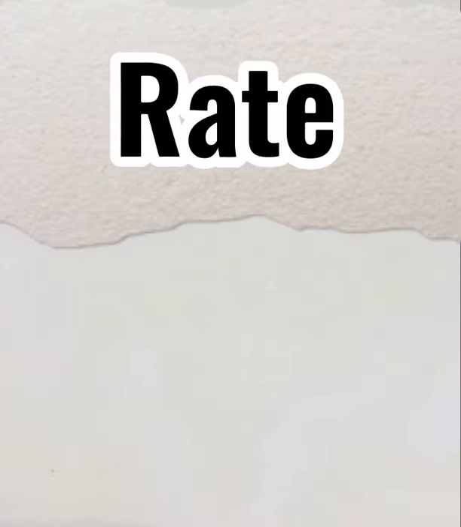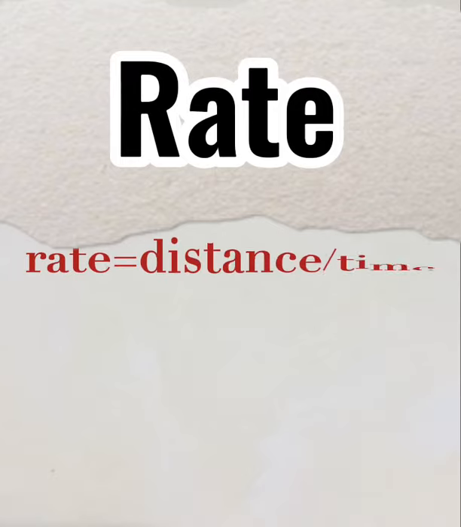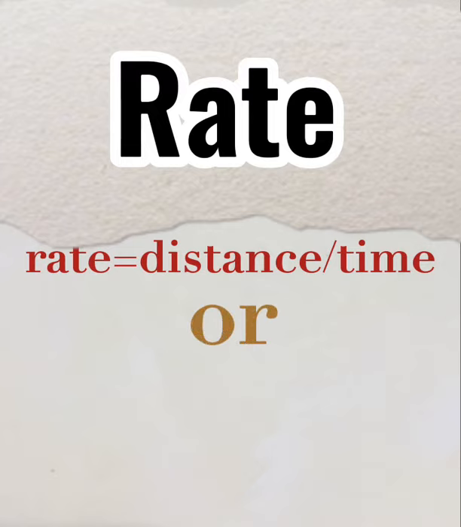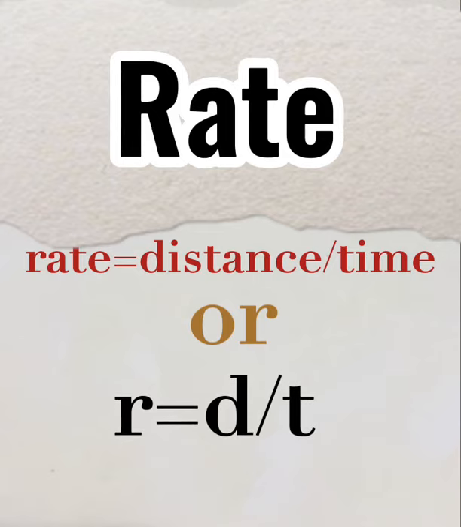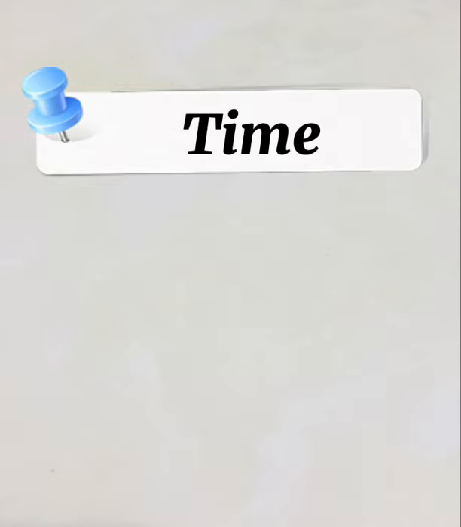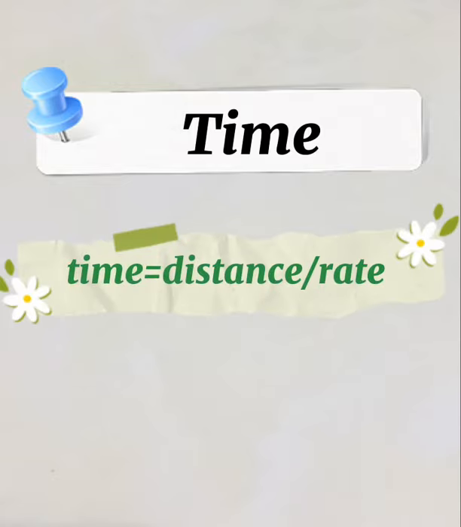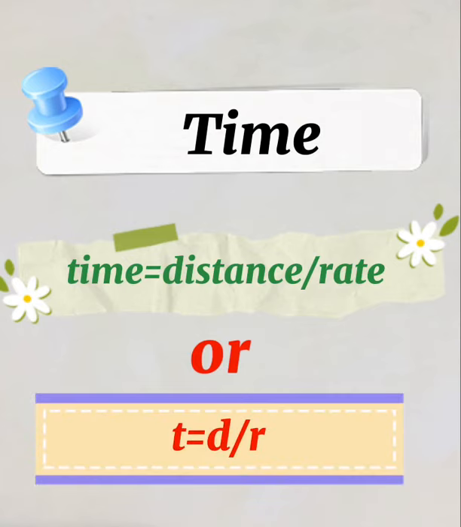Second, when we are going to find the rate, we have the formula rate is equal to distance divided by time, or r is equal to d divided by t. The last one is when we are going to find the time, we have the formula time is equal to distance divided by rate, or t is equal to d divided by r.